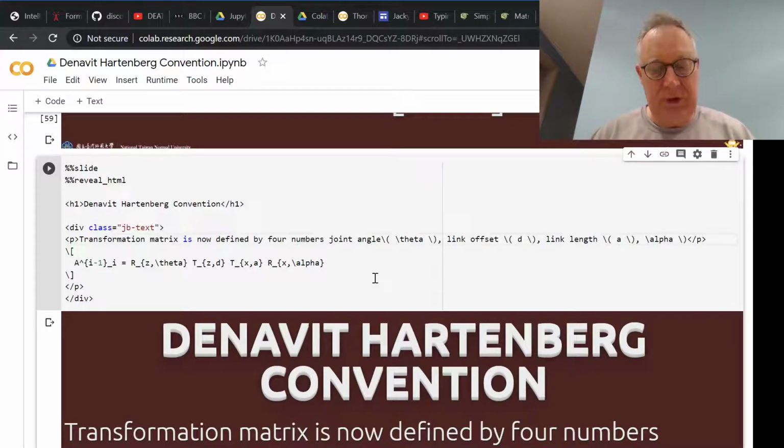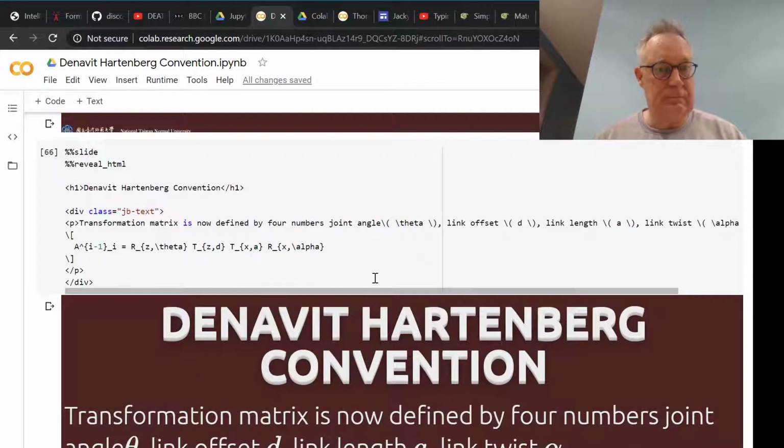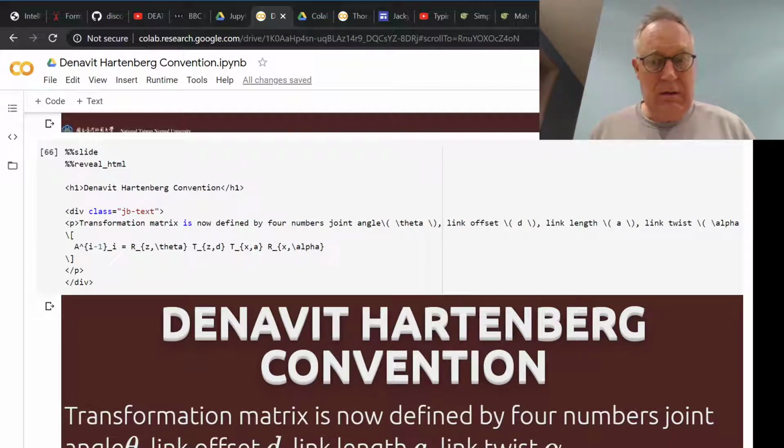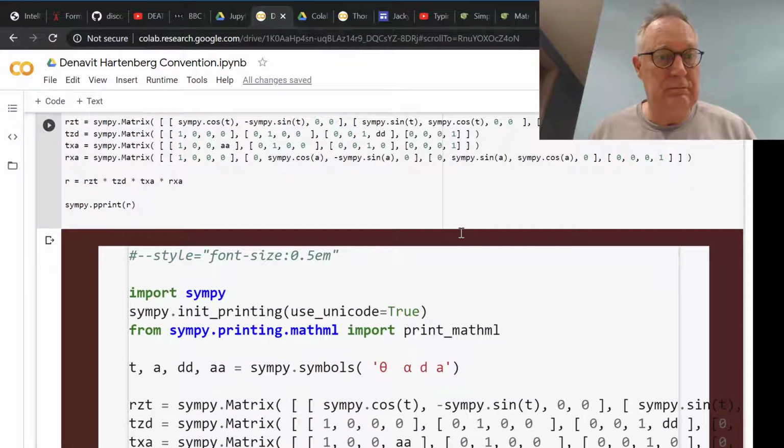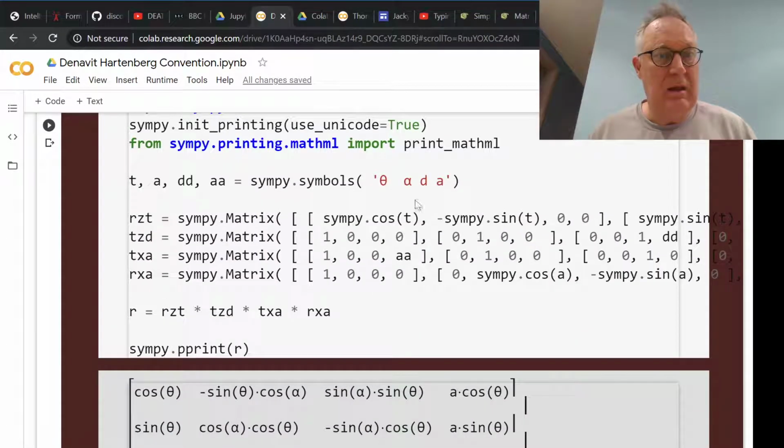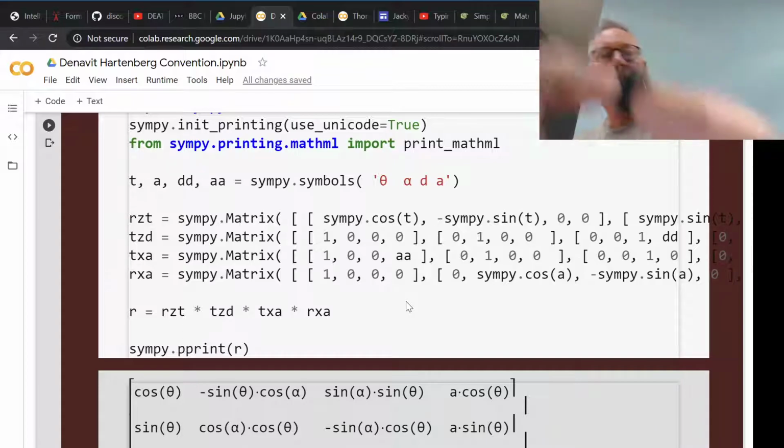And alpha is called the link twist. Now, theta and d are our joint variables that we control.